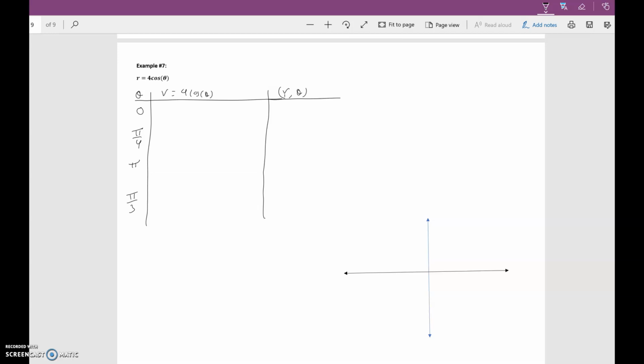So at the first one, you're going to have r is equal to 4 cosine of 0. R is equal to 4 cosine of pi over 4. R is equal to 4 cosine of pi. Okay, so let's start plugging some of these in and looking at the actual values that we're obtaining.